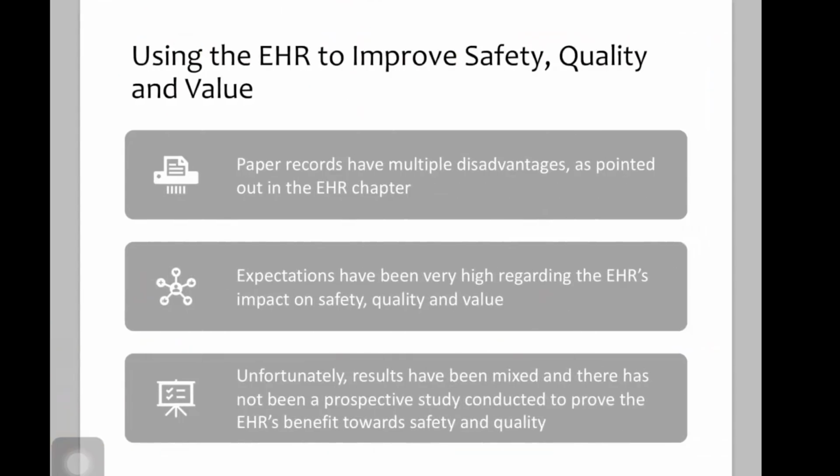Now, with the deployment or integration of the electronic health record, EHR, system, the overall expectations from EHR systems are now quite high. It's true that EHR systems have greatly helped hospitals move from paper-based records, which had a number of disadvantages.